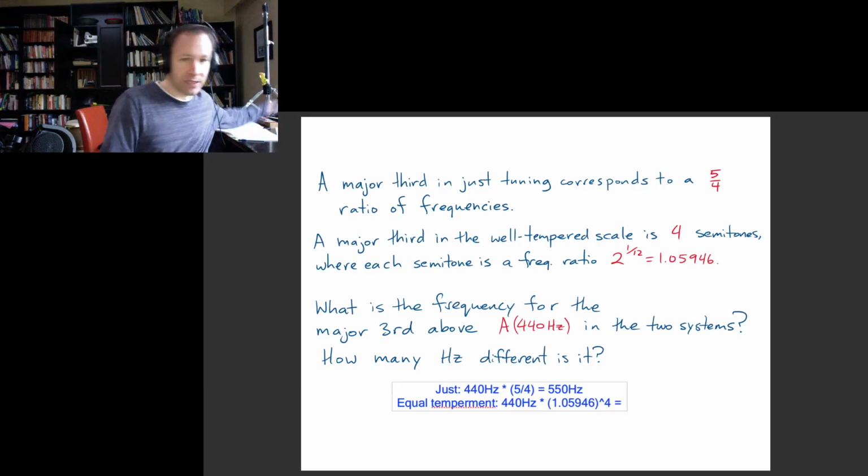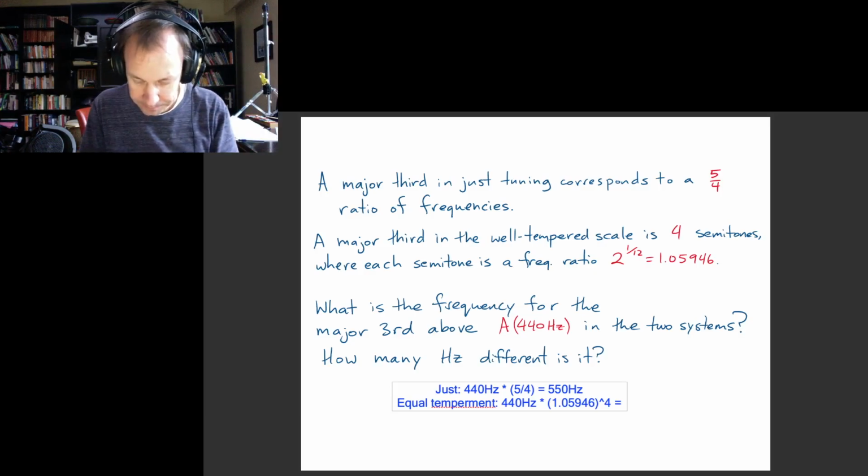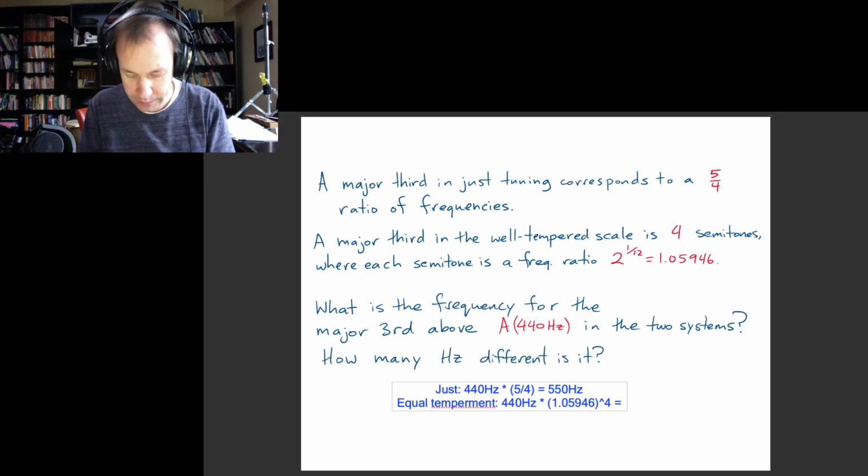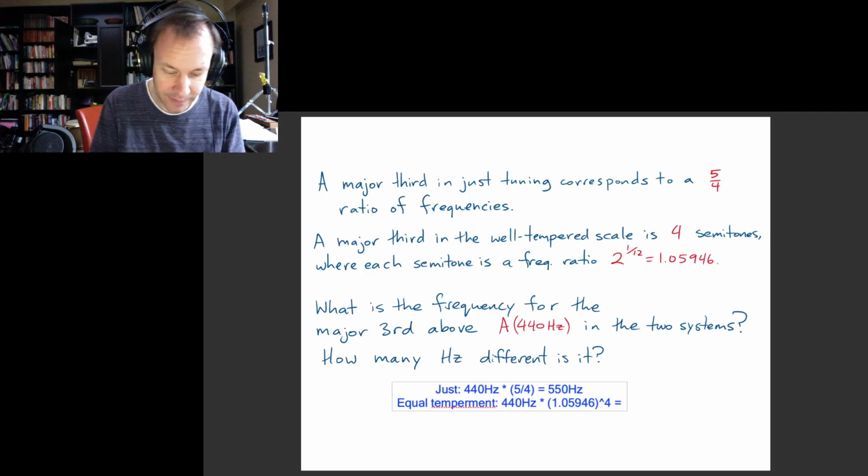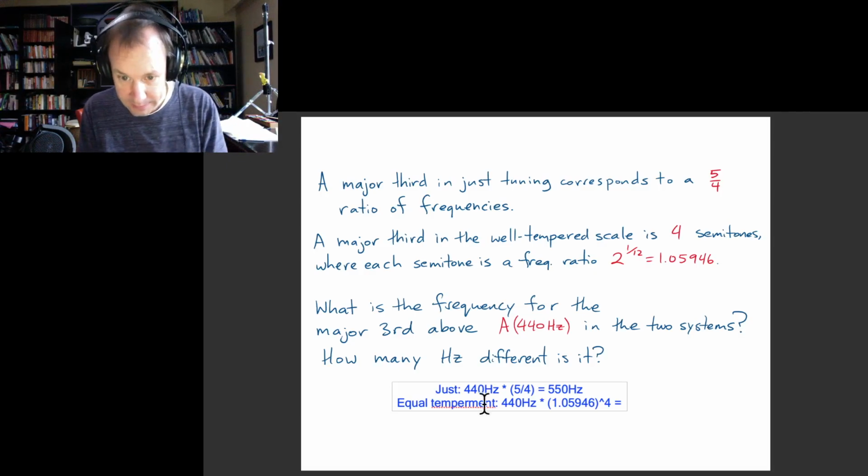Let me get my calculator out here. So that's 1.05946 to the 4th power, times 440. Okay, so that works out to 554.36.